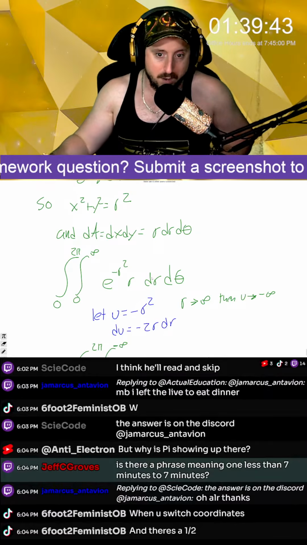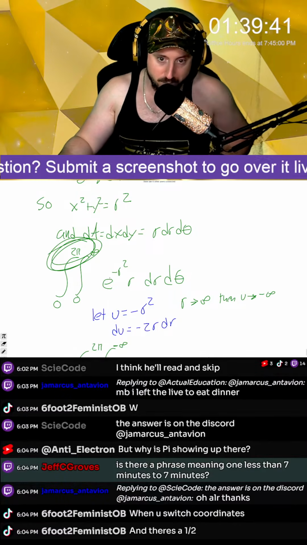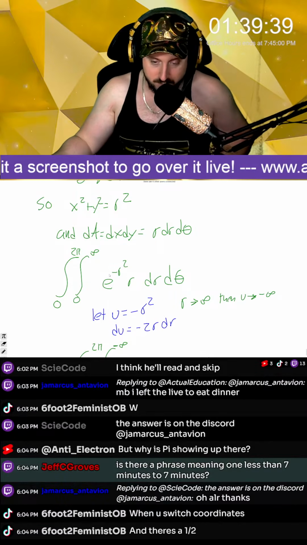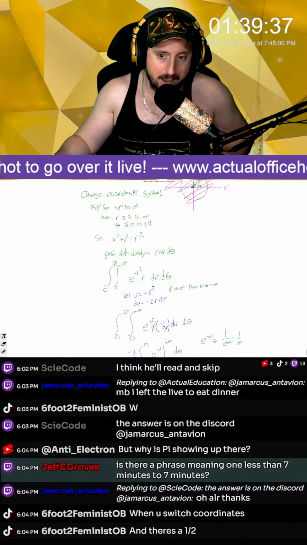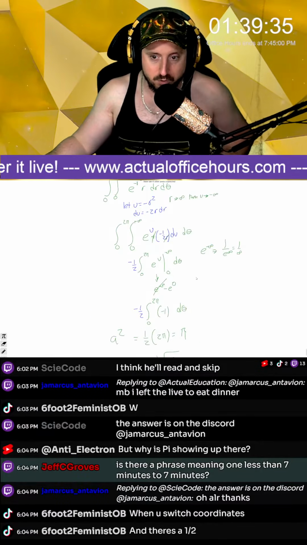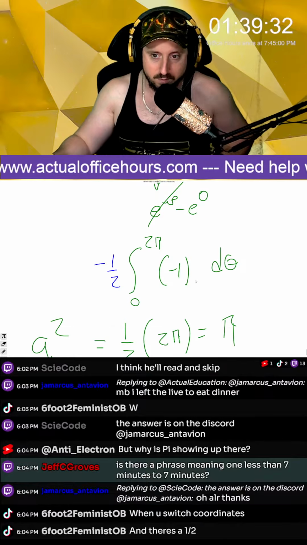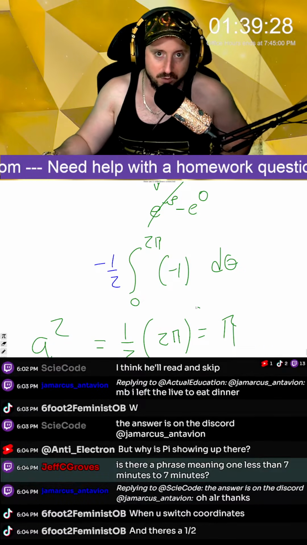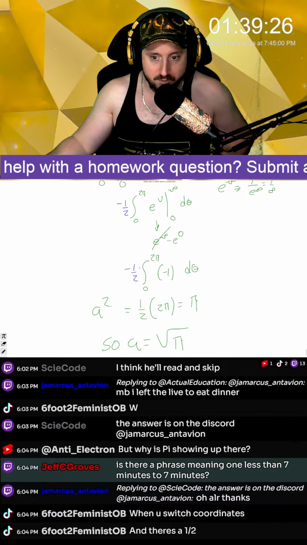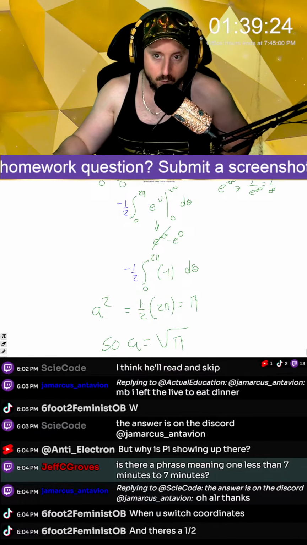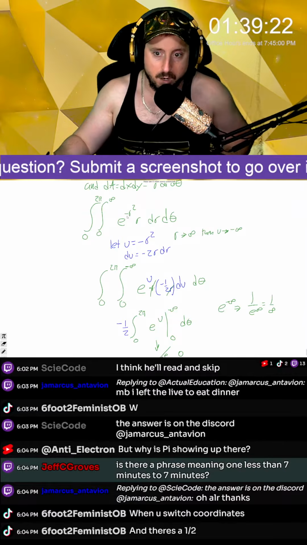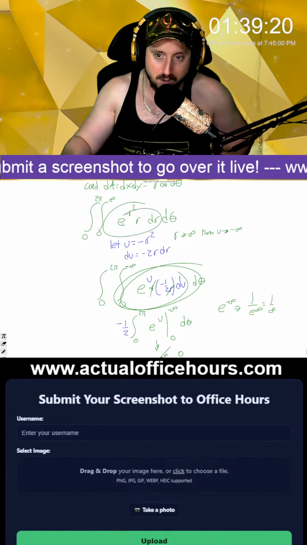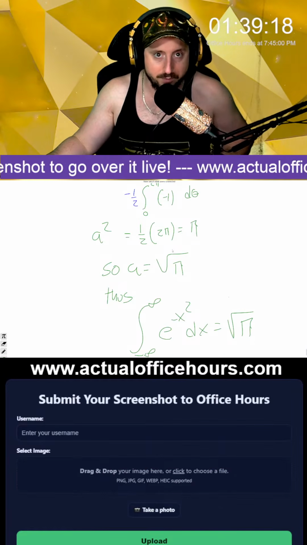So that's why you end up popping out a 2 pi here as one of your bounds instead of all the infinities. And then it so happens, when you do this integral, eventually you get to this point where you're literally just left with d theta from 0 to 2 pi, and that's where the 2 pi comes from. And then, yes, there's also a 1/2 that pops out from doing the integral with respect to dr, and then that kills it off to become pi.